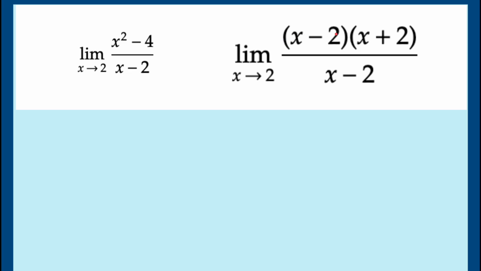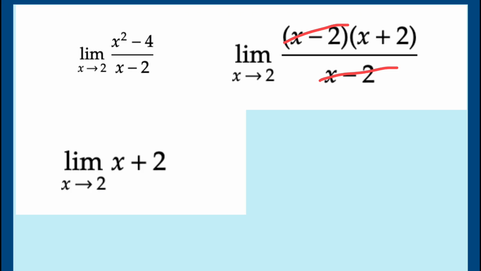Well, I notice I have an x minus 2 in the numerator and an x minus 2 in the denominator. So those two are going to cancel out. And I am now left with the limit as x approaches 2 of x plus 2.